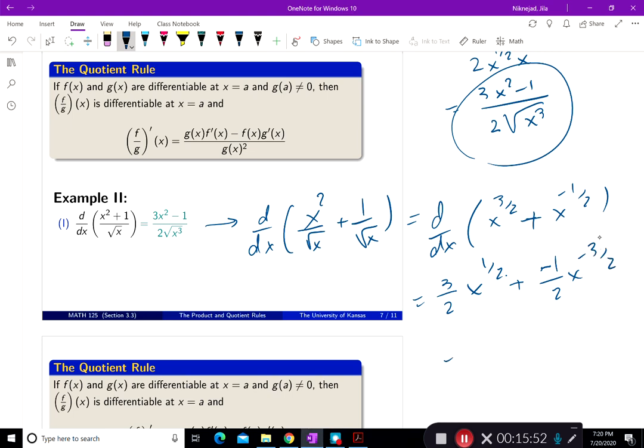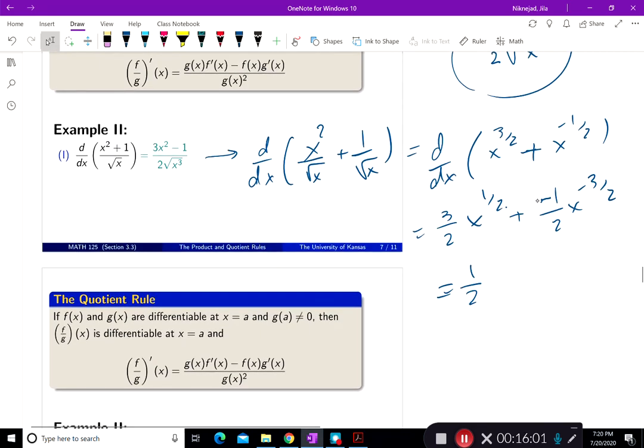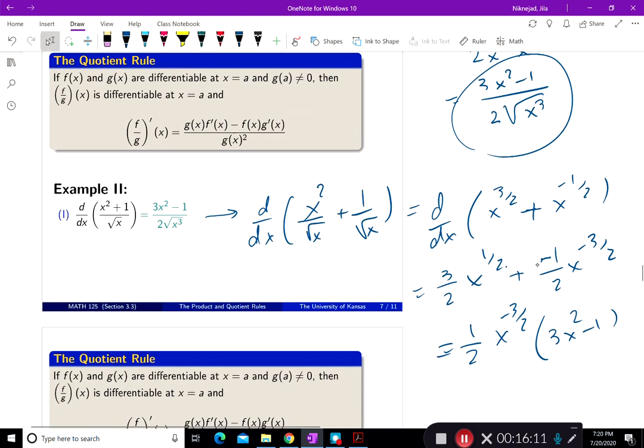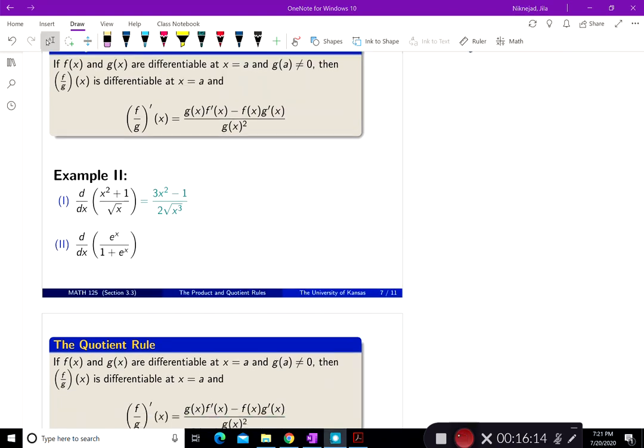And then if you clean this up and factor out x to the power negative 3/2, what you end up with is 3x squared minus 1 over 2, which is exactly the same as the one up there.